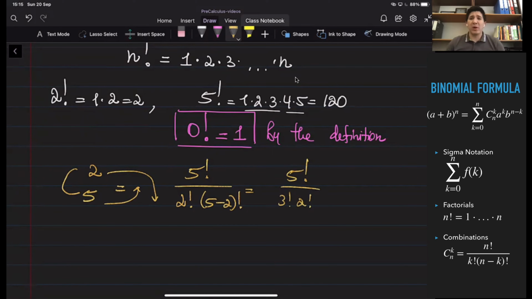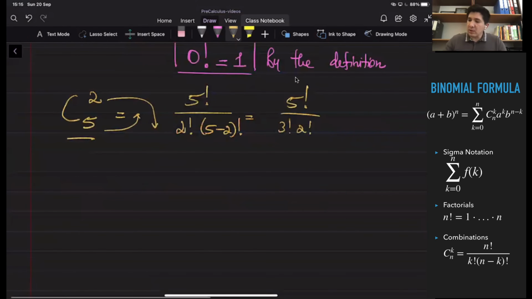So it appears we don't always need a calculator to calculate all of these factorials and then divide them. Most of the time in this combinations formula, the factorials are going to be canceled. For example, what does 5 factorial divided by 3 factorial mean?